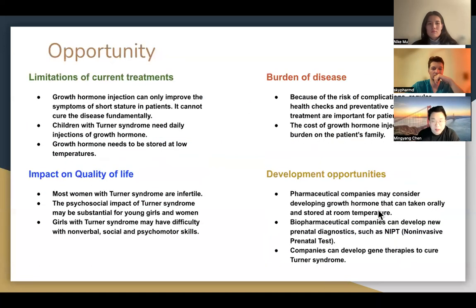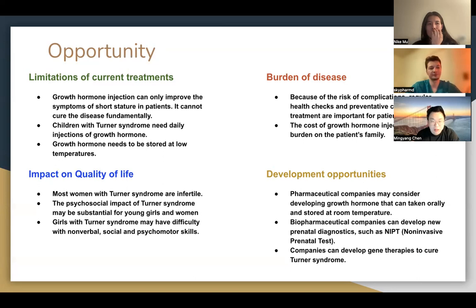And next slide. And finally, I will talk about the opportunities. There are some limitations for the current treatment. Growth hormone injection can only improve the symptom of short stature in patients. It cannot cure the disease fundamentally. Children with Turner syndrome need daily injections of growth hormone, and the growth hormone needs to be stored at low temperatures.